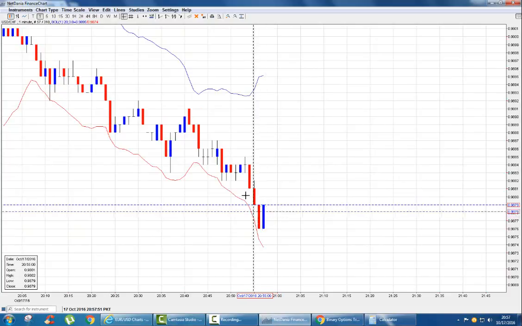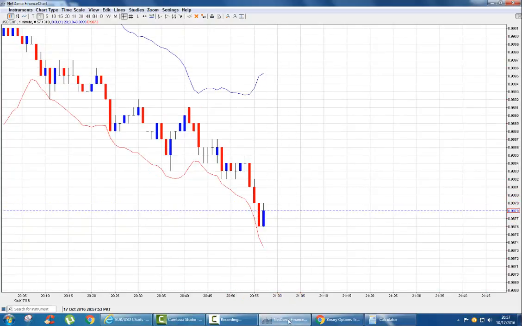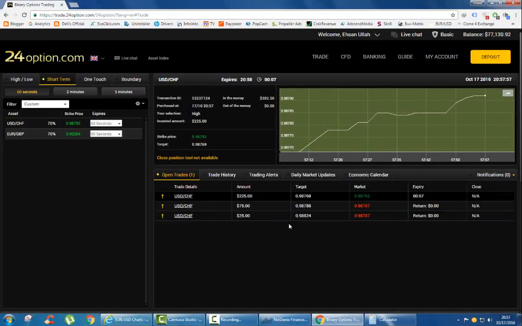So this confirms your winning trade. We're not sure yet though. It's going to take another 5 seconds. 3, 2, 1, bingo. So you are winning these trades based on following this strategy.